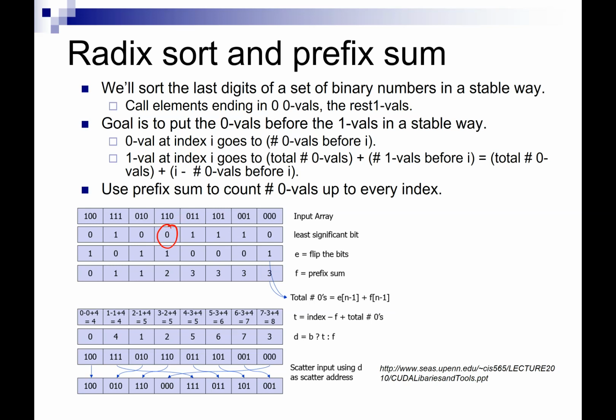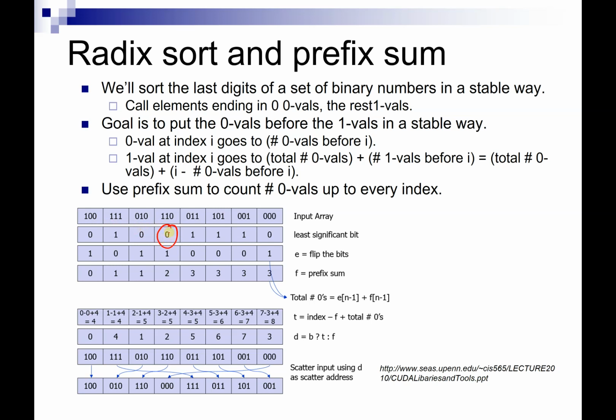The claim is that the position that you should put him is equal to the number of 0 values that come before this index. So the number of 0 values before this position is, well, here's a 0 value and here's a 0 value. Since we're sorting in a stable way, both of these guys should come before this 0 value after the sort.